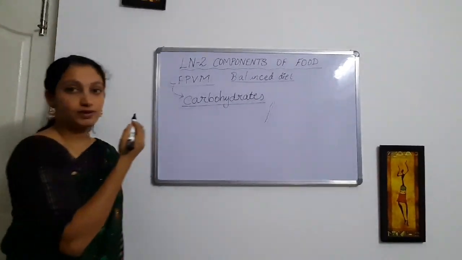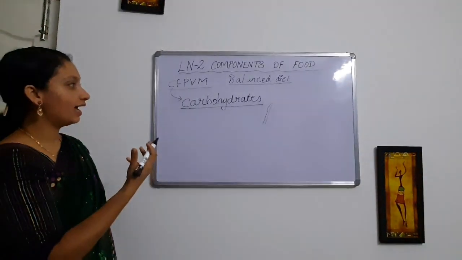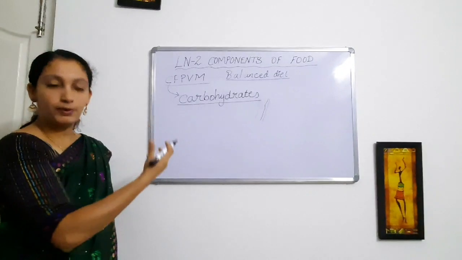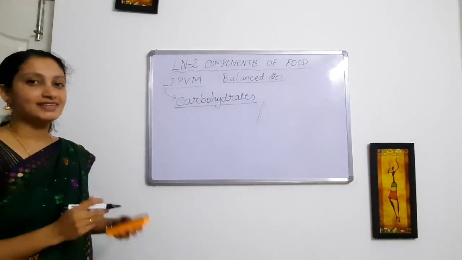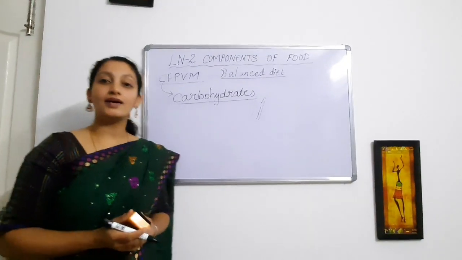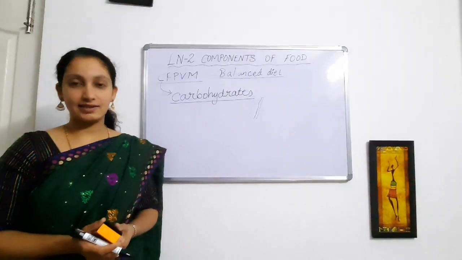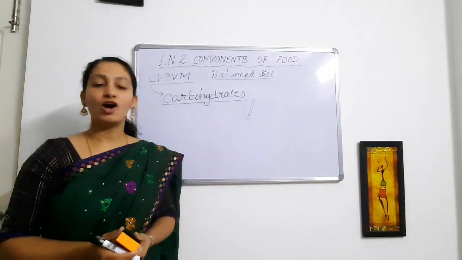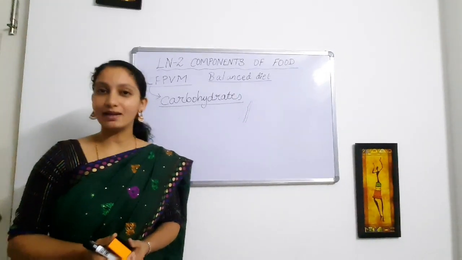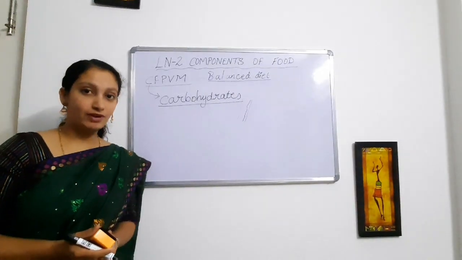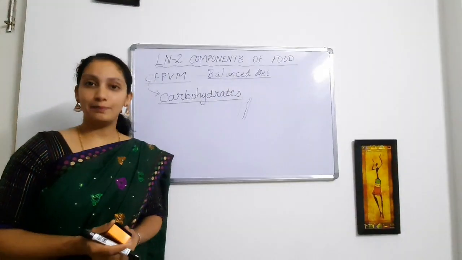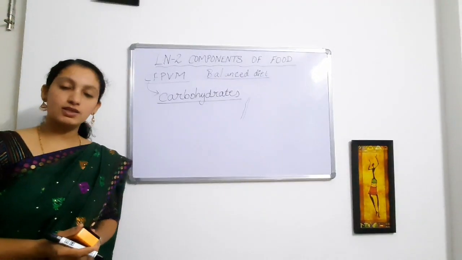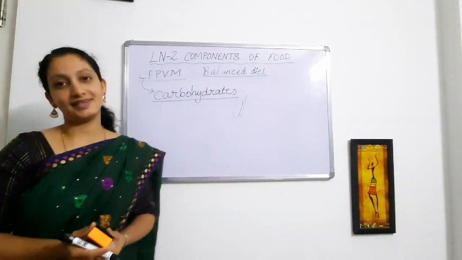We have many foods having this component. The staple foods like rice, wheat, all these contain carbohydrates. And apart from that, potato, bread, all these also contain carbohydrates.